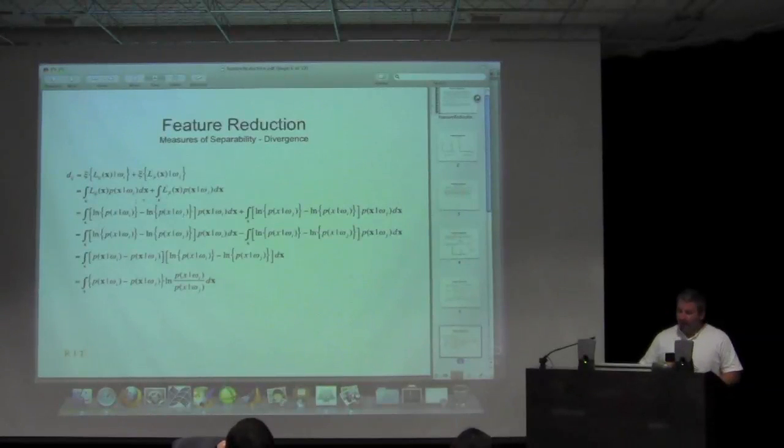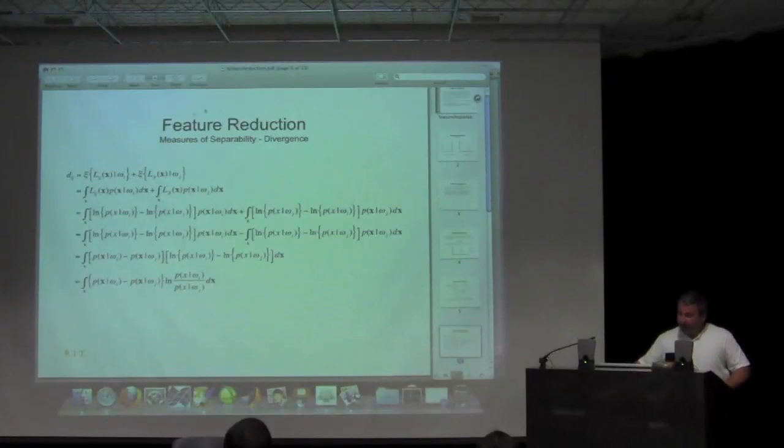I could substitute in the integrals, expand out what those integrals would look like, and then do some rearrangement of terms. What I finally wind up with is this equation down here, which is the difference between the two class conditional probabilities, for any probability distribution function, times the natural log of that likelihood ratio itself. We're going to wind up using Gaussian maximum likelihood here eventually, but this would work for any probability density function.